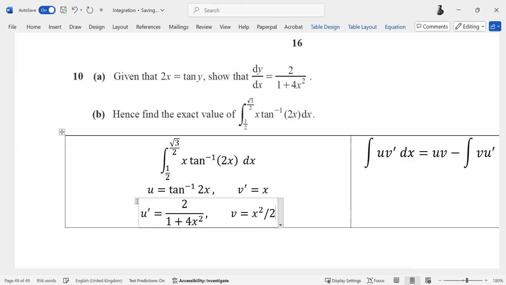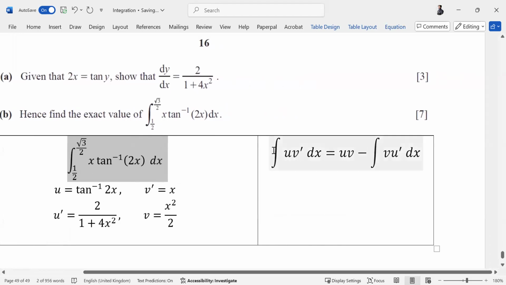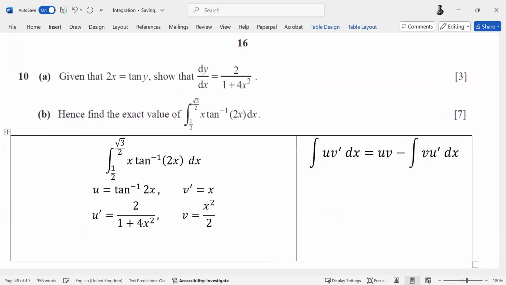X square upon 2. So now remember, this is what we are breaking, and this is how we are breaking it. So you'll break it into u into v minus integral of v u dash.